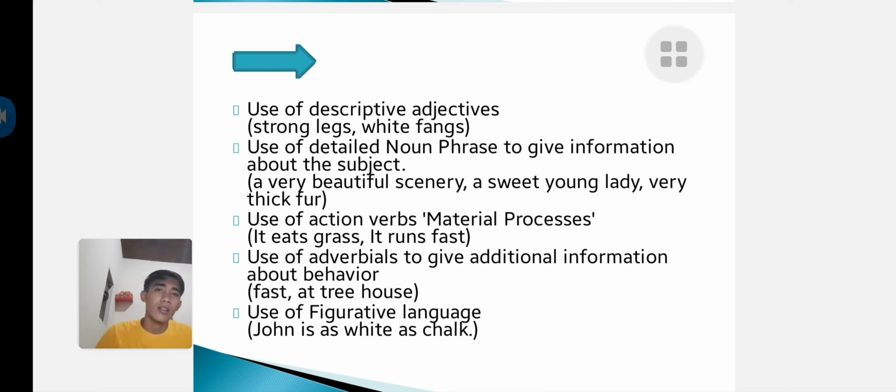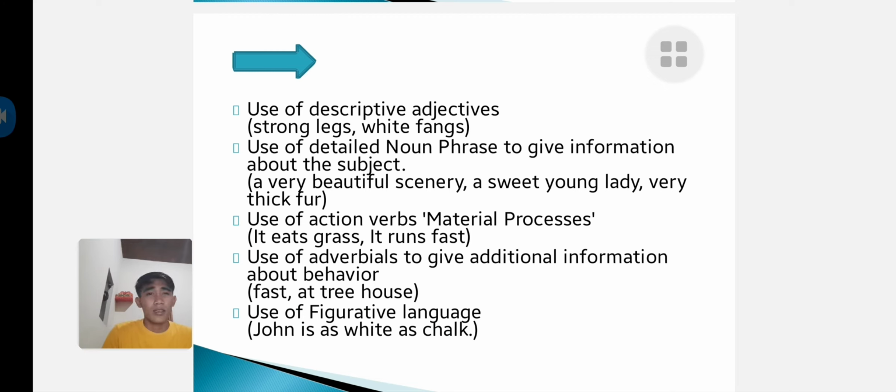For example, a very beautiful scenery, a sweet young lady, very thick food, and so on. And the next is use of action verb, material process.